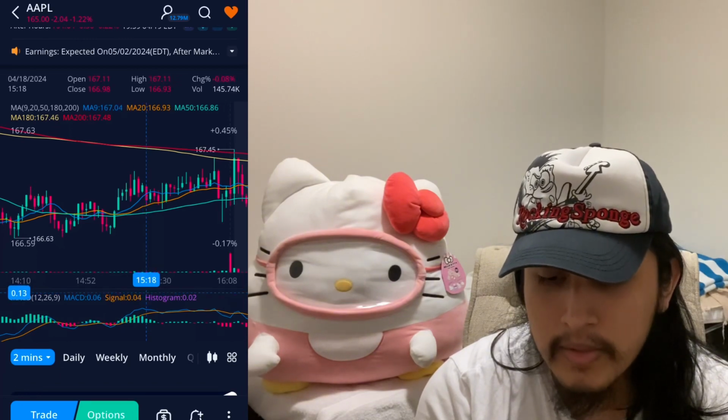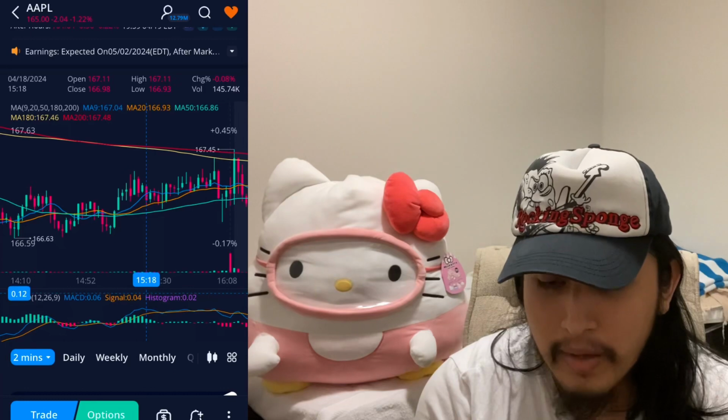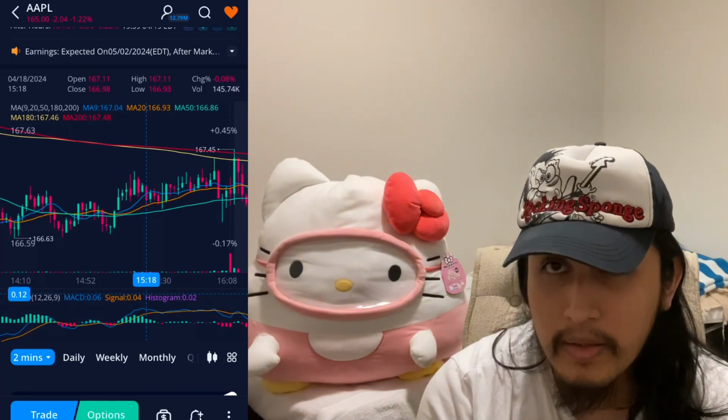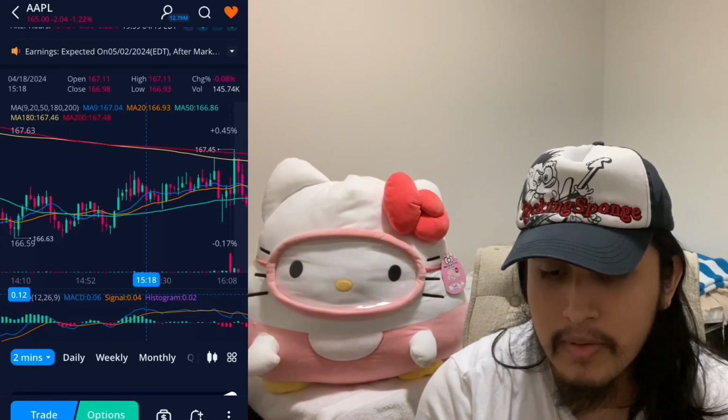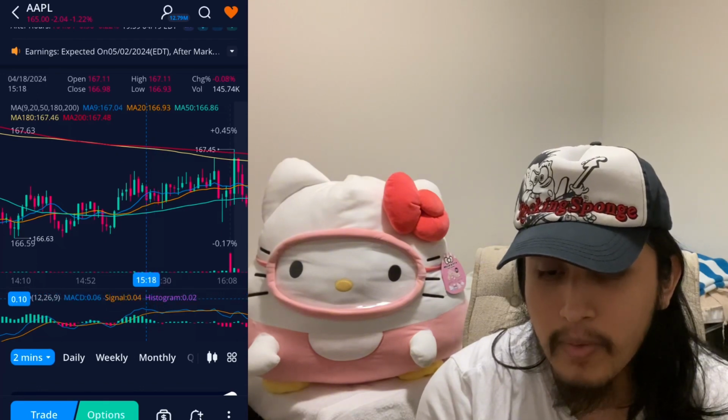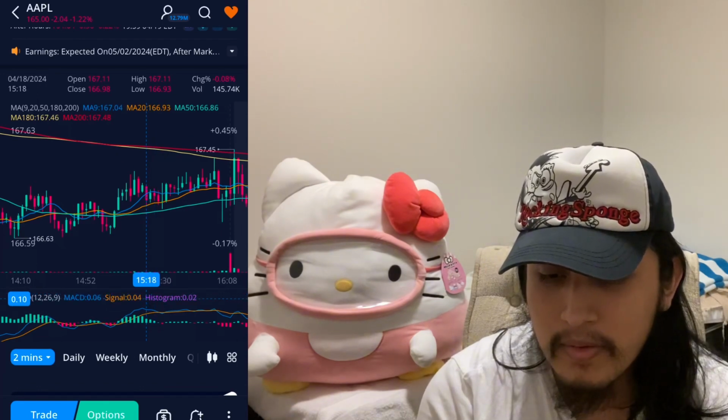Part of the reason was that I saw it bounced off the 20-day moving average. So I thought, I'm just going to get into a position there, see what happens, and see if it at least touches 167.11.